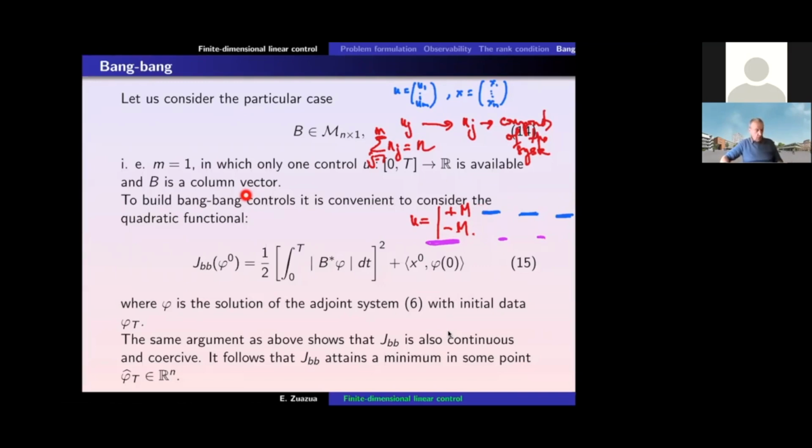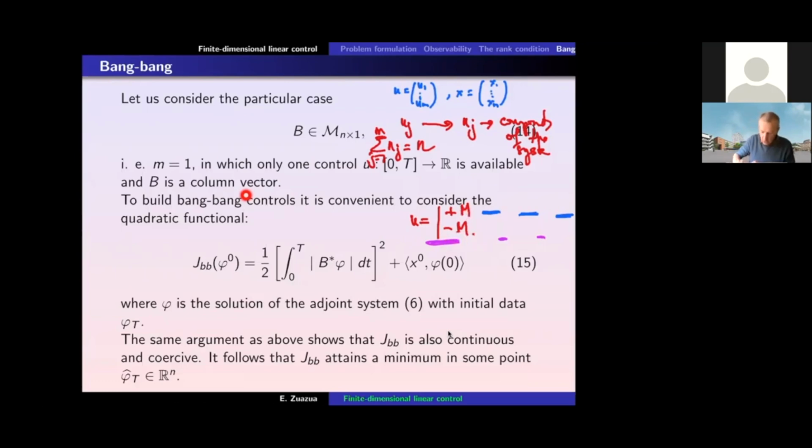But from a control perspective, people will tell you, oh, this function is not continuous, but it is very easy to implement in practical applications, because the only thing you have to do is to switch on and off. While you are at minus m, you keep the system as it is. Then whenever the switching time arrives, you jump to m.